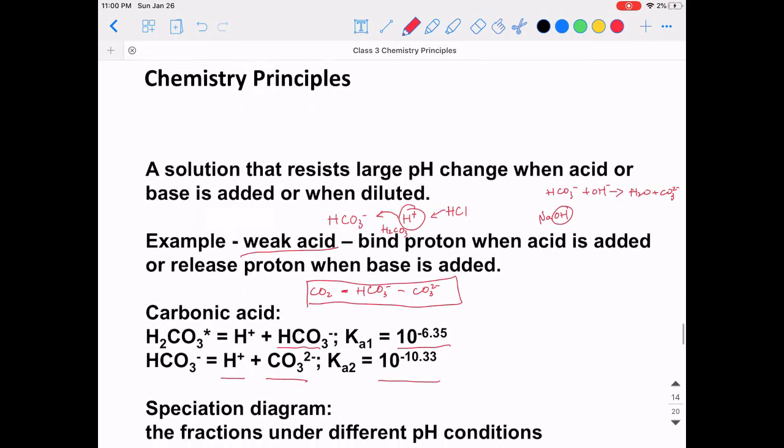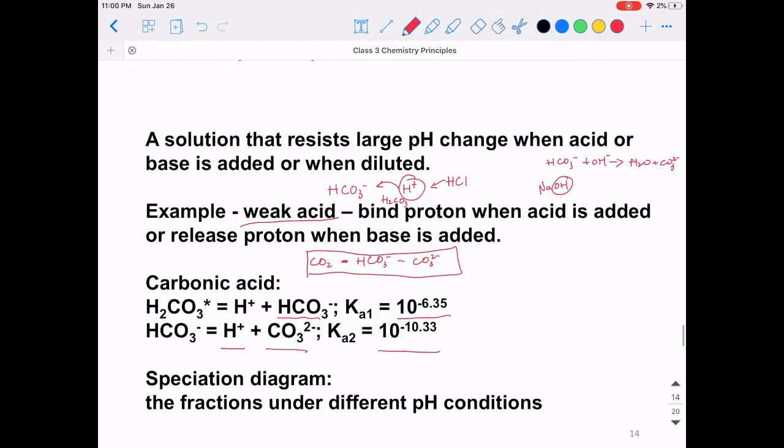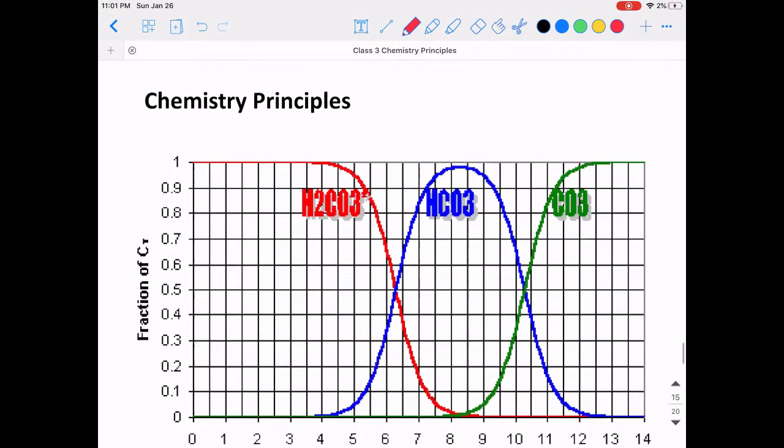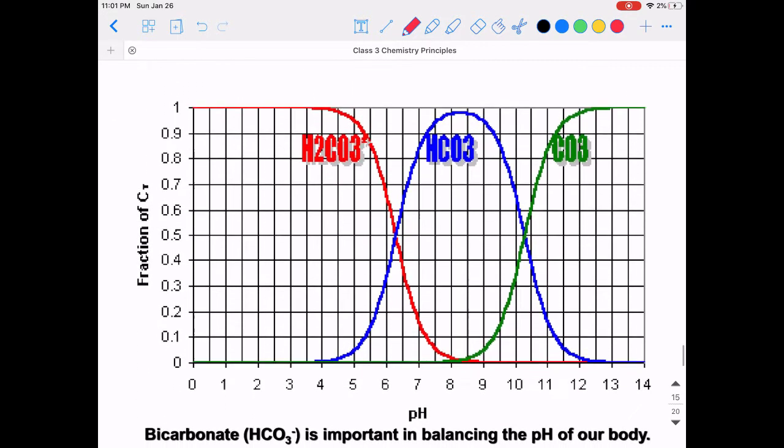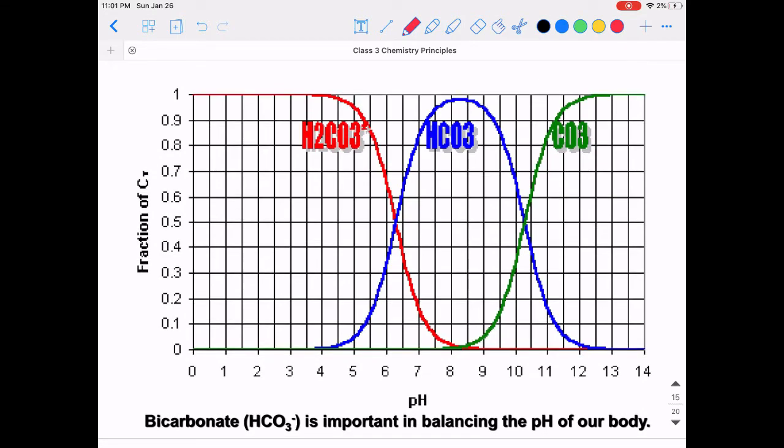Okay. So from this series of dissociation reactions, we're going to generate ions that depend on the pH conditions. And here is a basic diagram showing the concentrations of these 3 different species under different pH values.